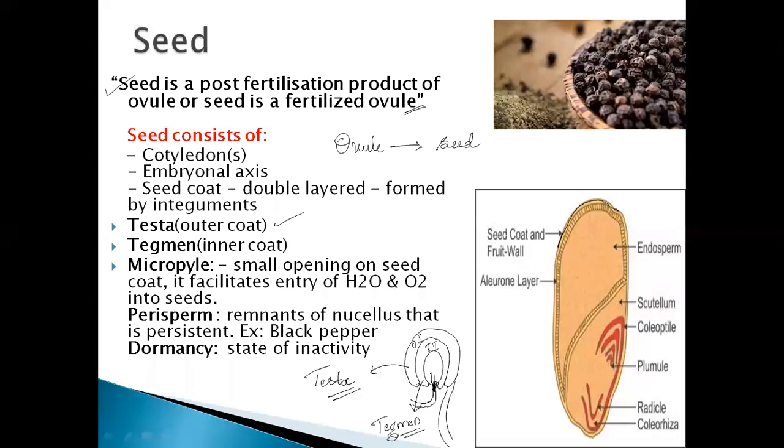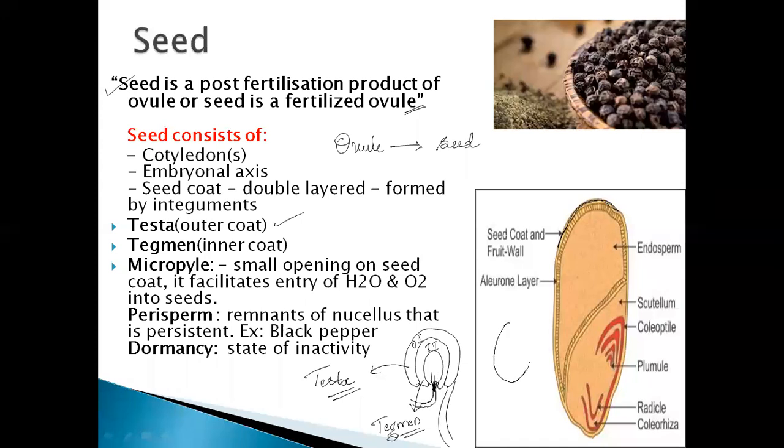This micropyle, or small opening, also remains in the seed coat, and it helps in the entry of water and oxygen inside the seed.